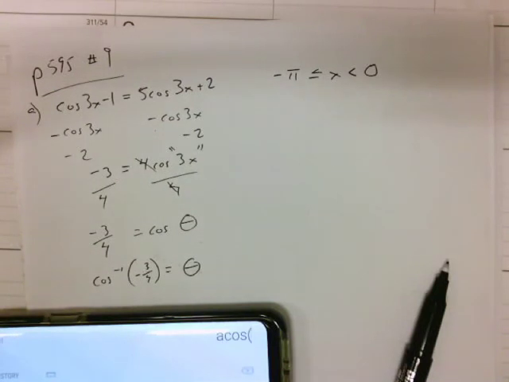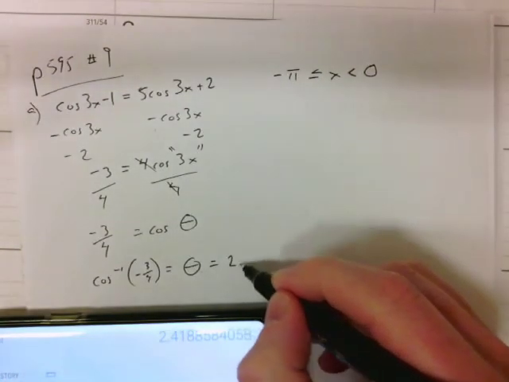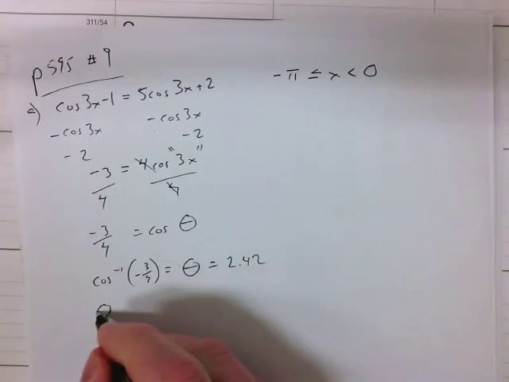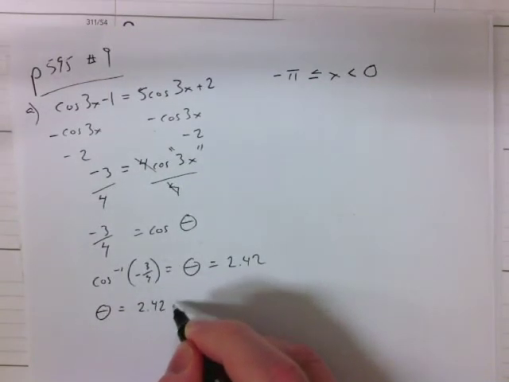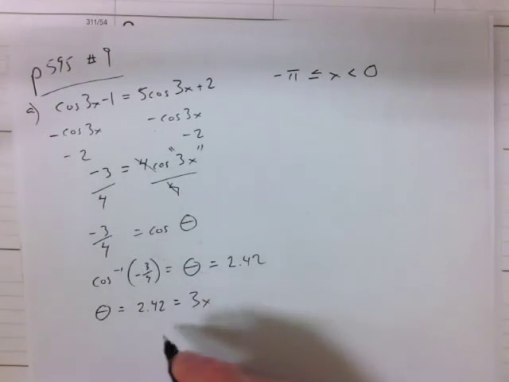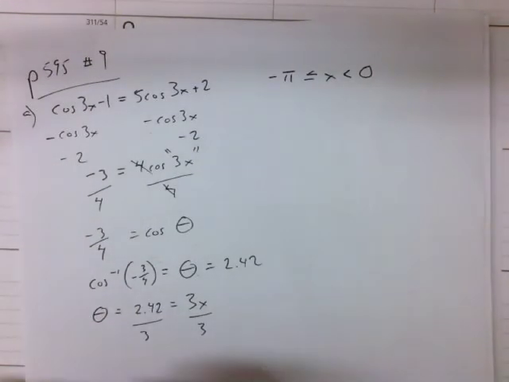So, cos inverse of negative 3 divided by 4 equals 2.42. So if theta equals 2.42, that means 2.42 also equals 3x. So I'm going to divide both sides by 3. 2.42 divided by 3 is 0.81.